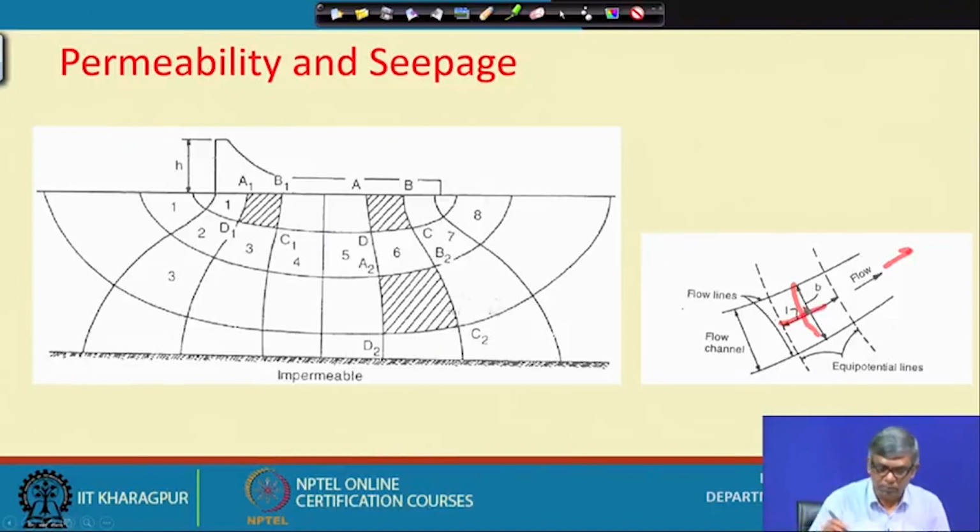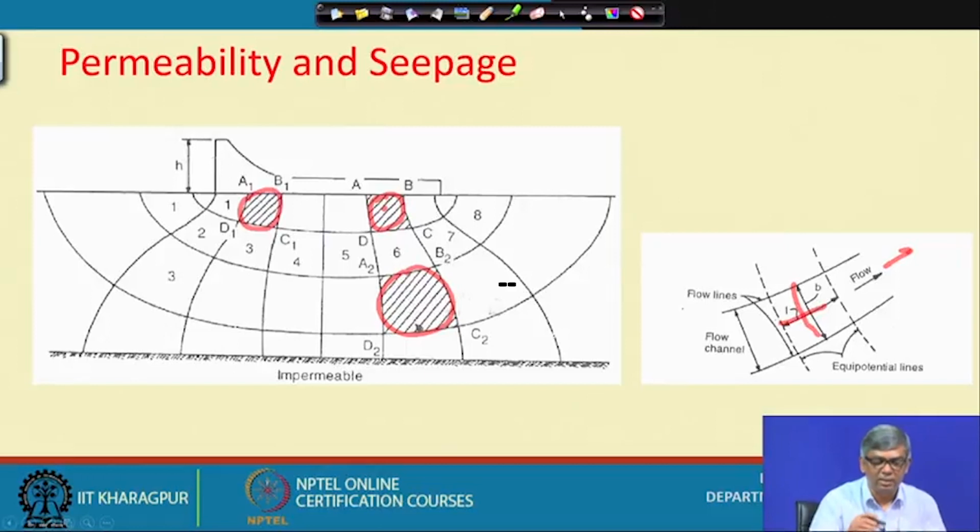Based on this, I will take another thing: I am now considering three blocks. One is ABCD, and I am taking in the same flow line at a different location A1, B1, C1 and D1. What is the relationship between them? Both blocks are in the same flow line. Similarly, I will take another one here. What is the relationship here?